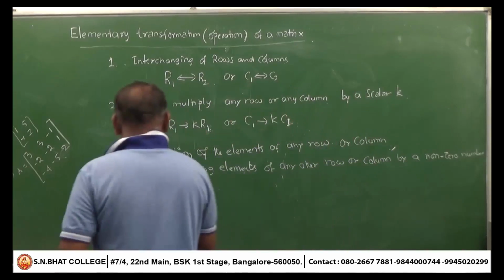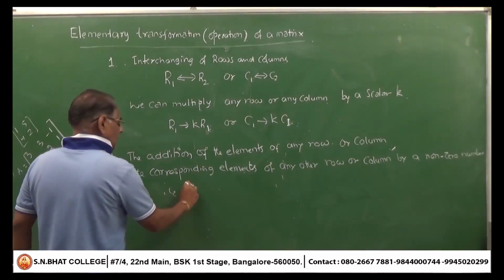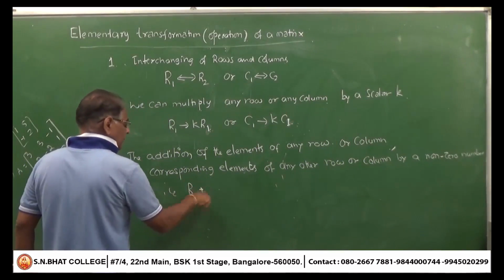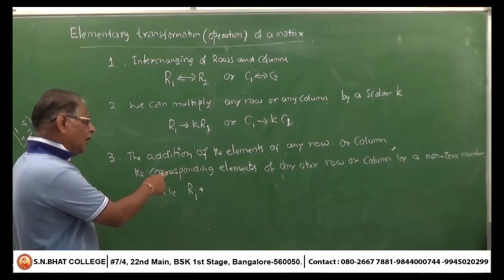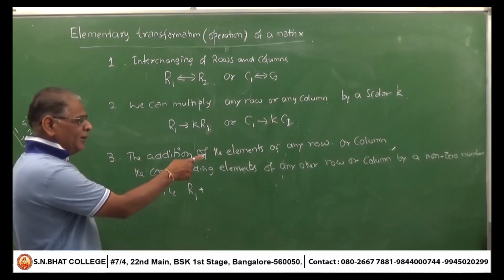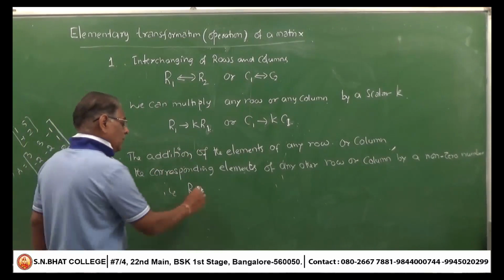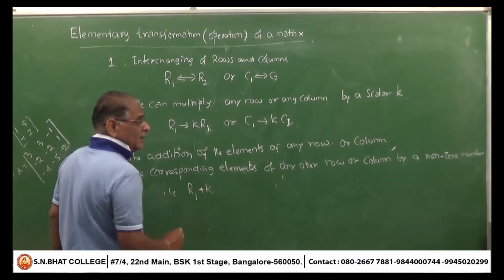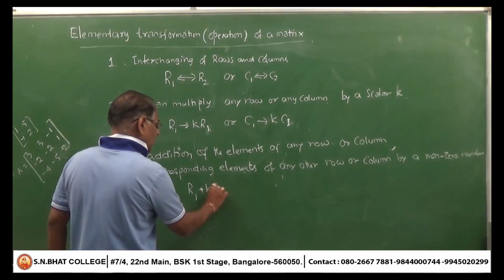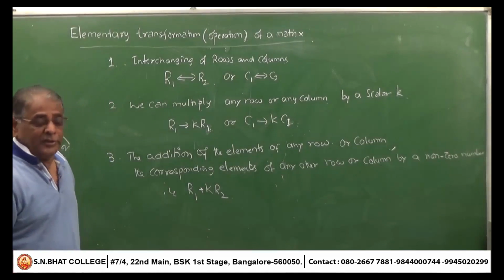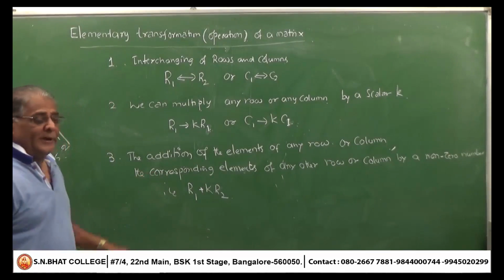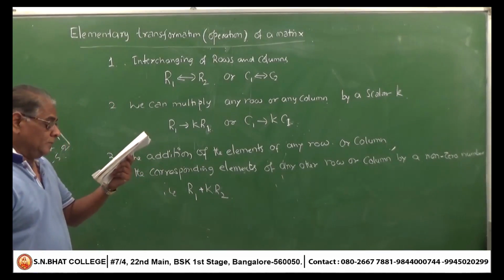That means R1 plus K times R2, where K is any non-zero number. We are multiplying R2 by a non-zero number and adding it to R1.